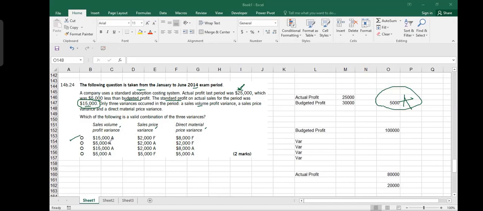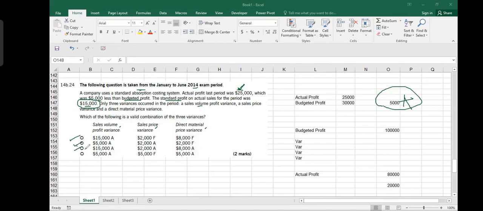When I see this B option, 5,000 adverse, 2,000 adverse, 2,000 favorable, it also gives me 5,000 adverse. Then you see this third one, 15,000 adverse, 2,000 adverse. It makes 17,000. No, it gives me 25,000 adverse.